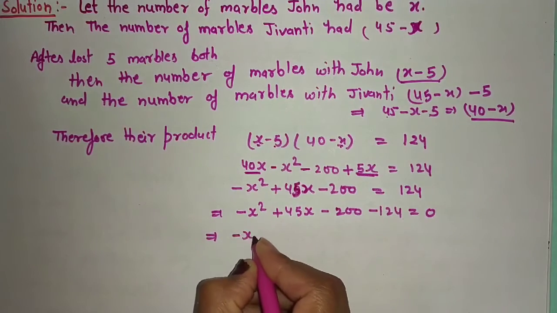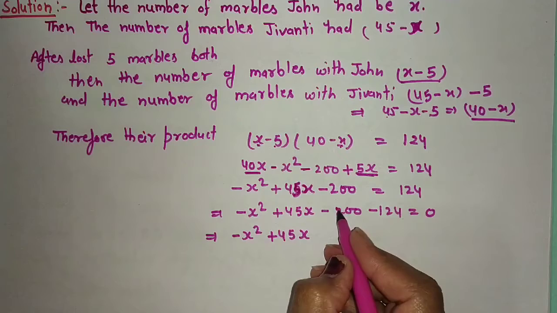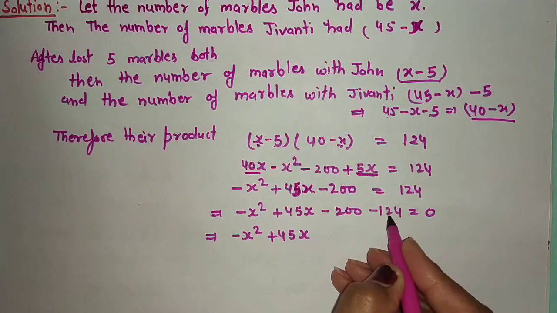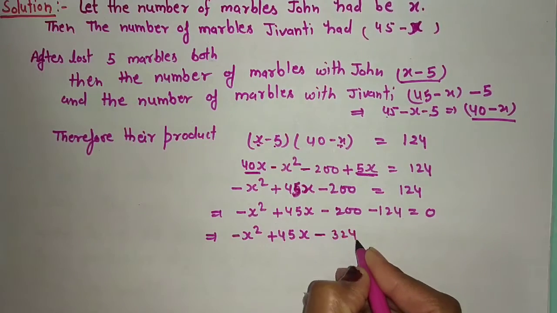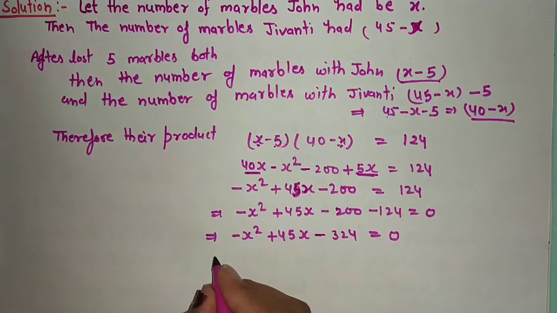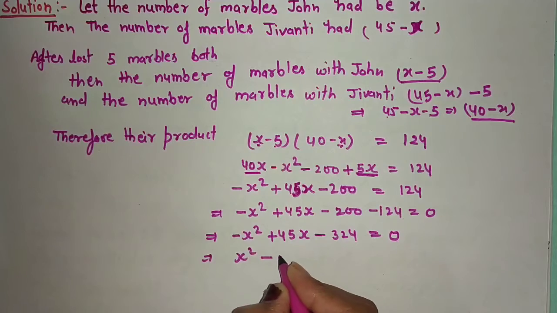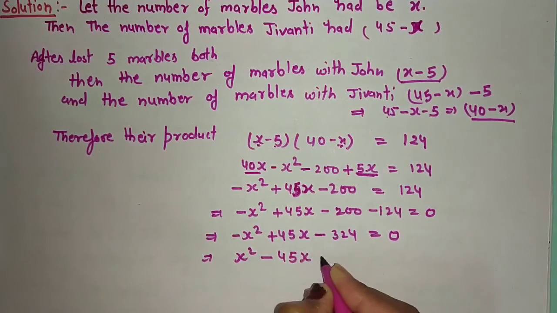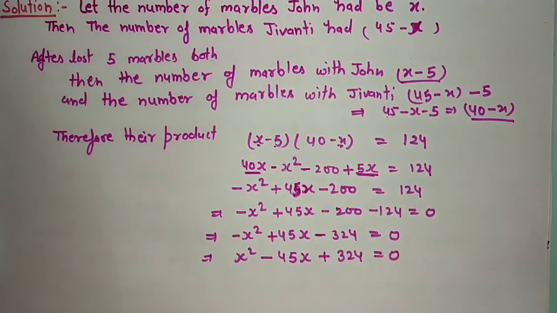Minus 200 and minus 124 become minus 324, equal to 0. By multiplying the equation throughout by minus 1, we get x square minus 45x plus 324 equal to 0.